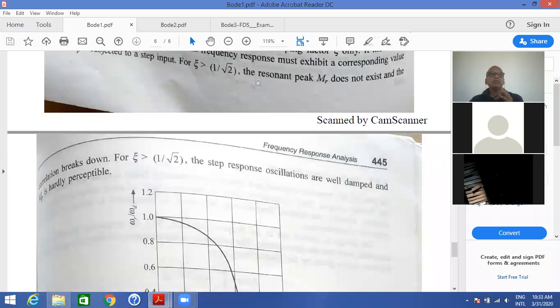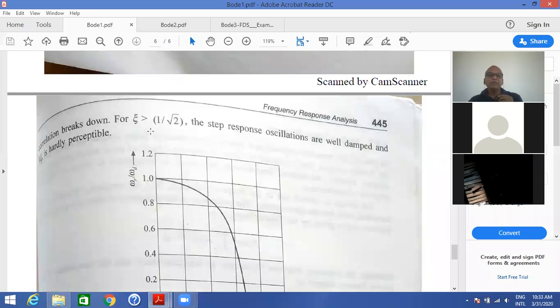Because the control system is designed for the value of the damping factor lying between 0 to 1 for a stable system, and hence don't consider the value of zeta greater than 1 upon root 2. And then for greater zeta, the step response oscillations are well damped and the Mp is hardly predictable.